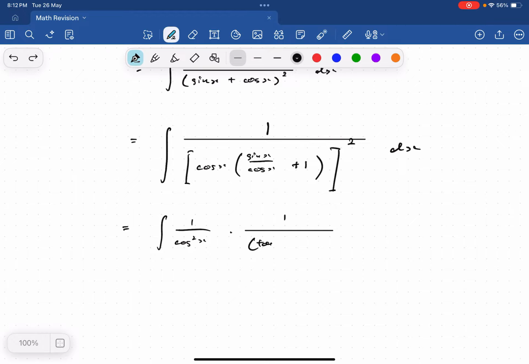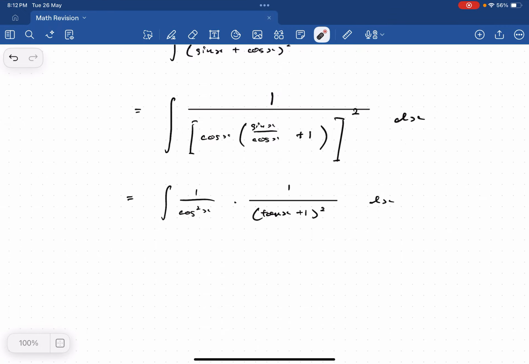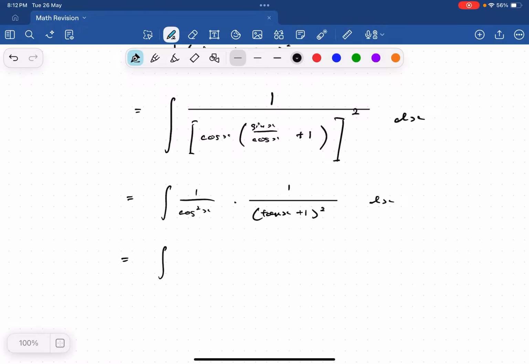I can express this as tangent x plus 1 to the power minus 2. Remember, when in doubt, express in the negative power. So obviously, this 1 over cosine squared x is going to become secant squared x. Finally. Now, after a lot of manipulation, I finally find something that looks like I can integrate it. And then this one is 1 plus tangent x to the power minus 2 dx.